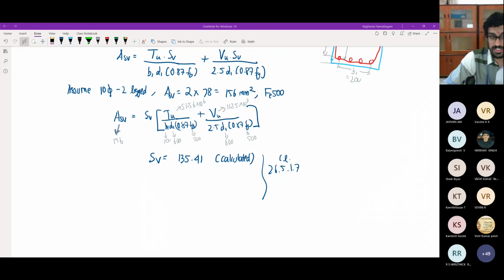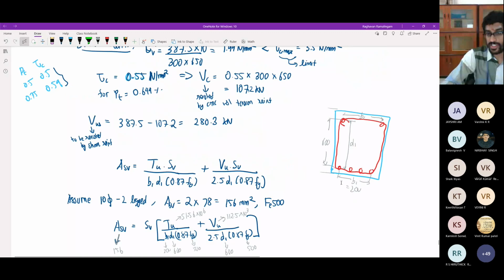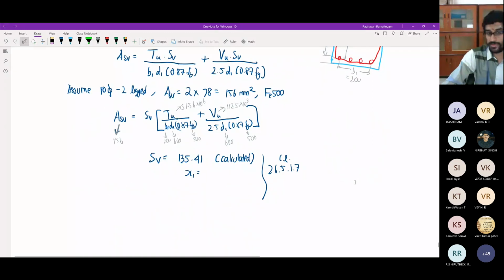The maximum is x1, which is nothing but the short dimension of the stirrup, basically this b1, so 200.